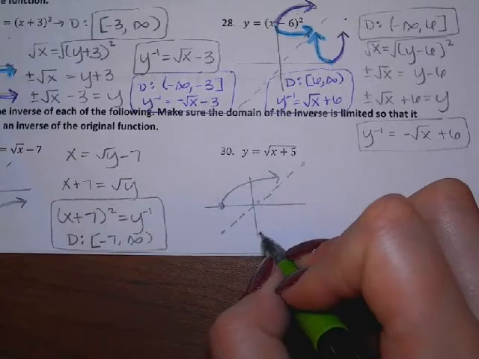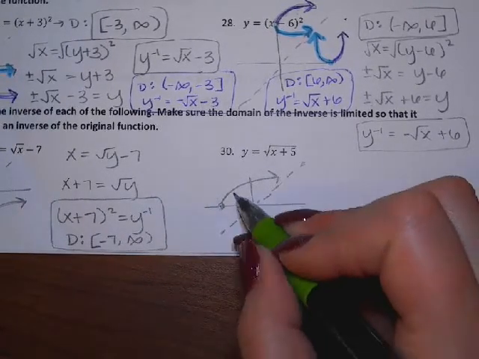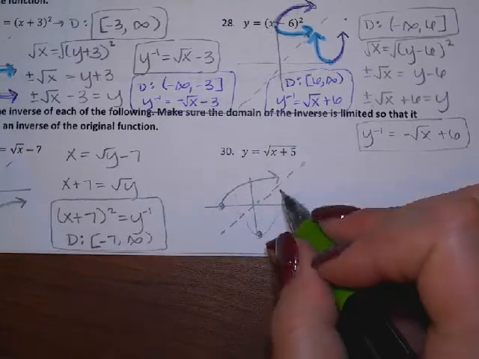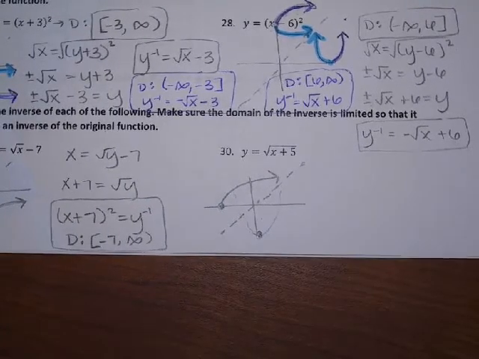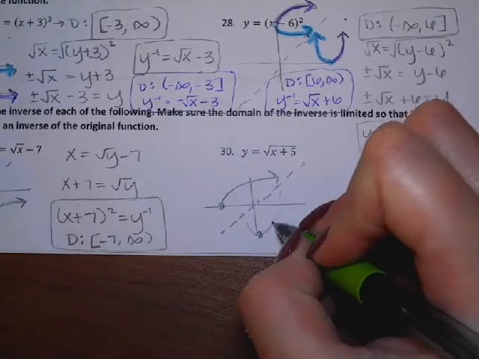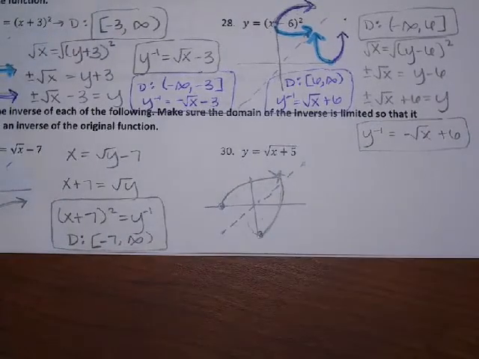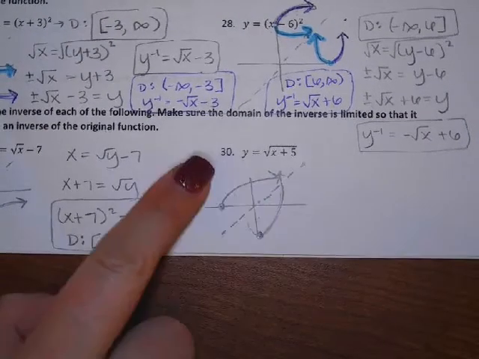So the parabola is over here. Should I do the left side or should I do the right side? The right side. Does that make sense? So we're using the dotted line to help us figure out how it should work. It should look like that. So I can see that they look like they've been folded over.